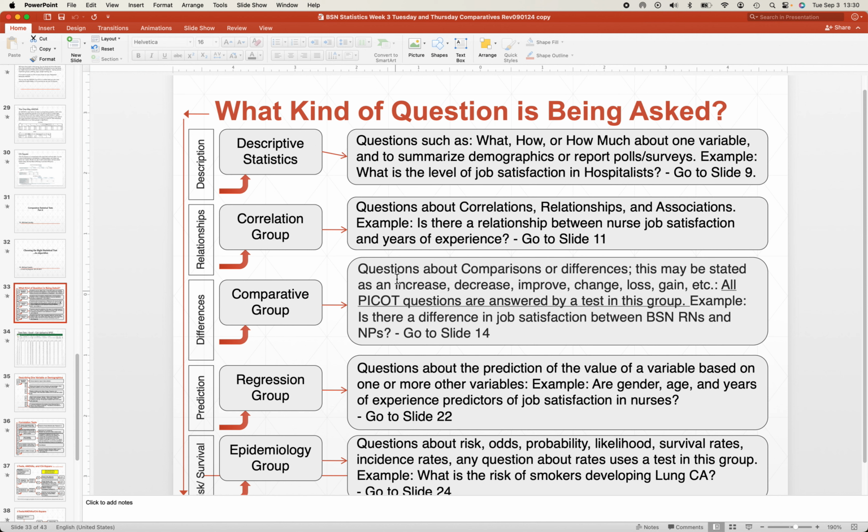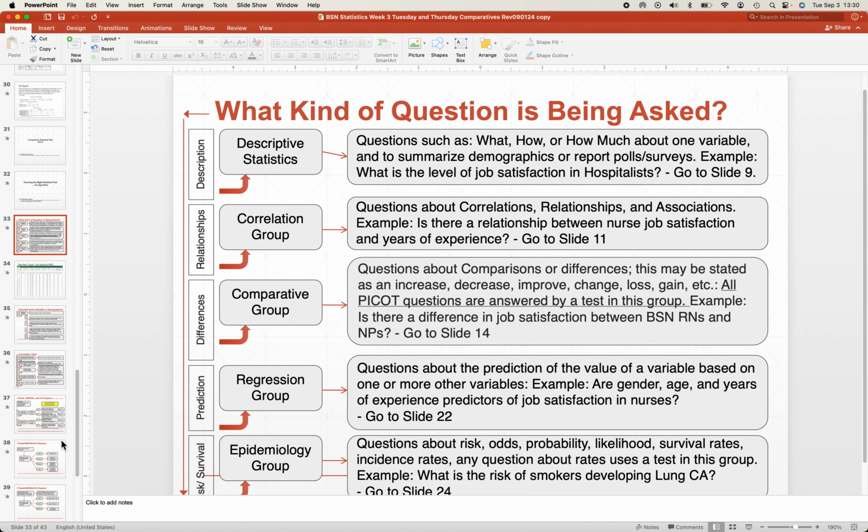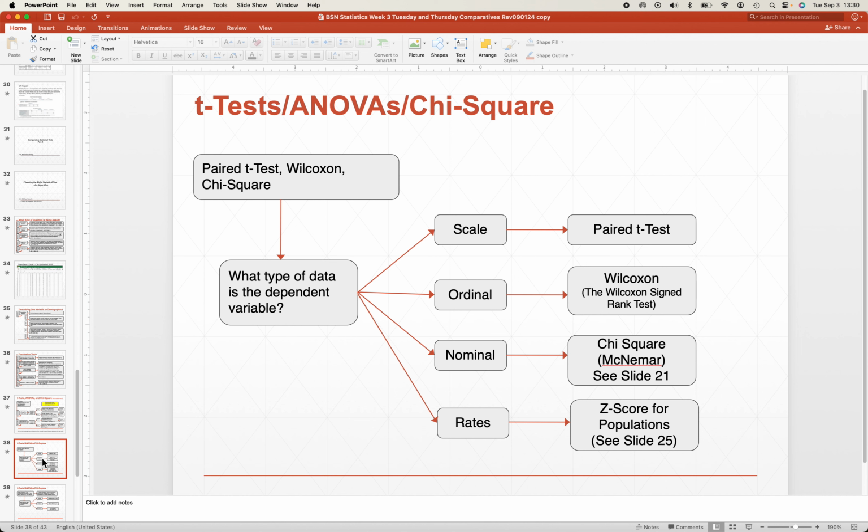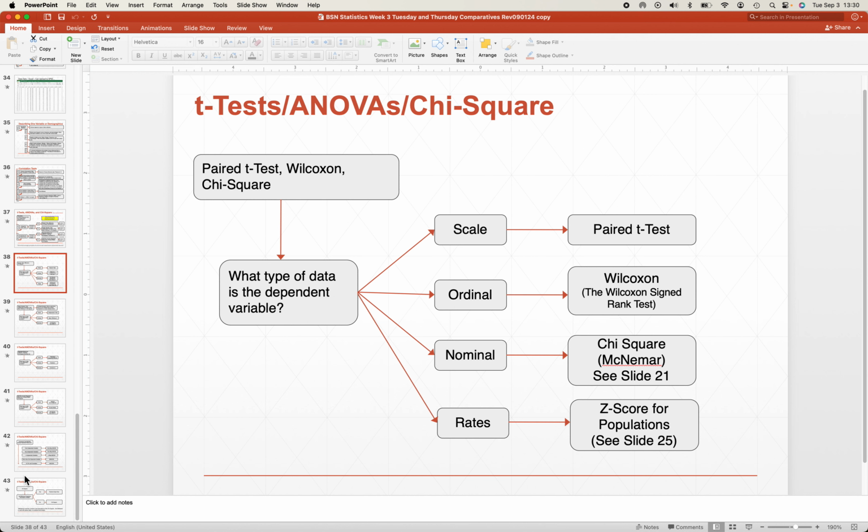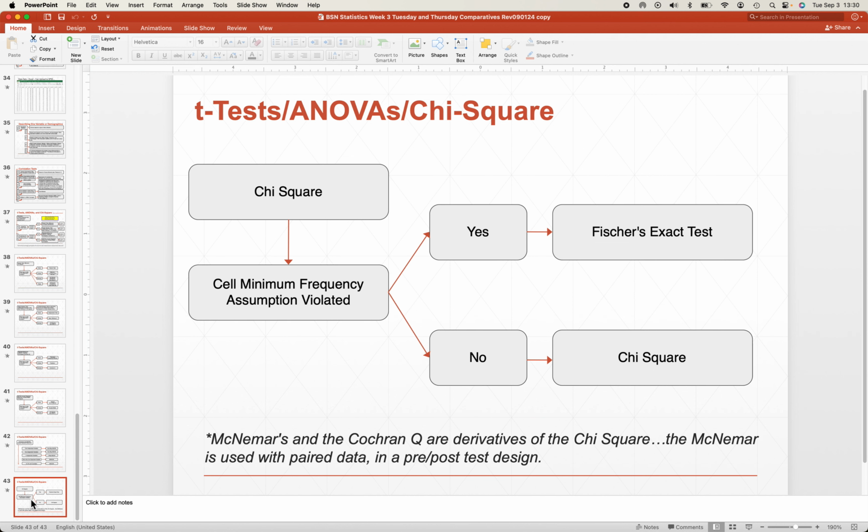So that's the purpose of this algorithm: if you had a study, you could work your way through the algorithm, looking at the type of question being asked, then asking questions like what kind of data do we have in the dependent variable, and you could determine which is the most appropriate test to use in that study. This concludes our discussion on comparative statistical tests.